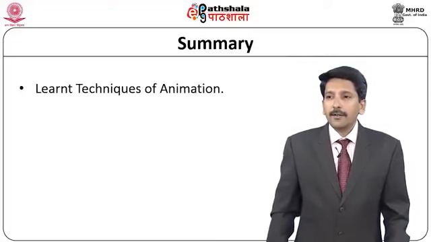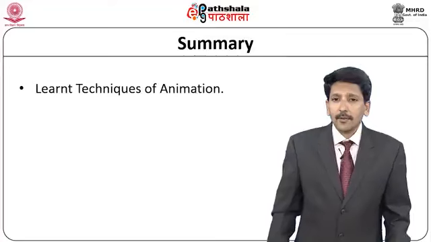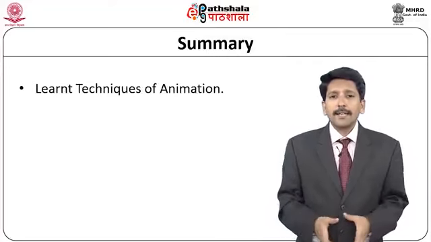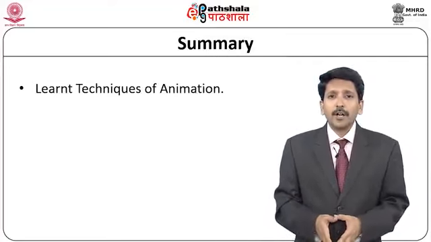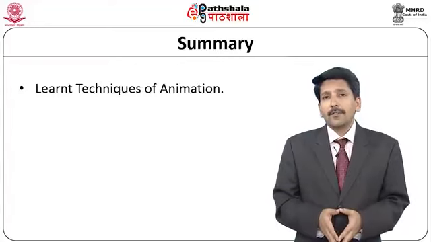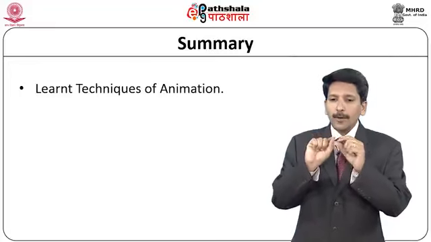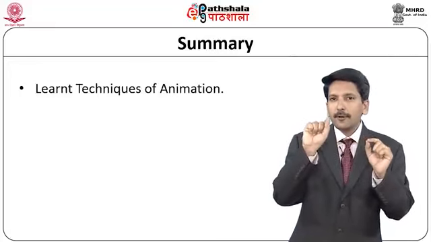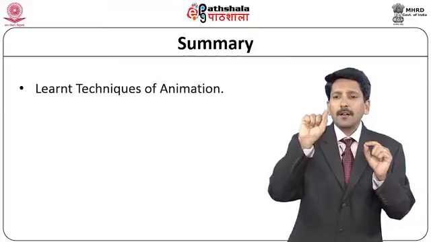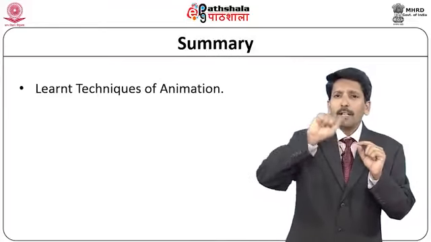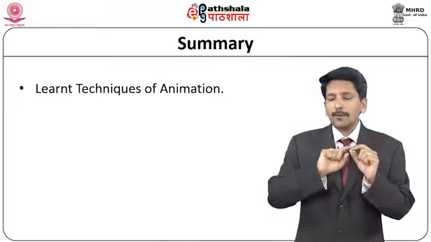Another technique you can imagine is onion skinning, which we have not discussed here. Onion skinning is one of the fantastic techniques used in the Flash software. What is onion skinning? You should know exactly where to position an object. Suppose you want a ball to be animated.